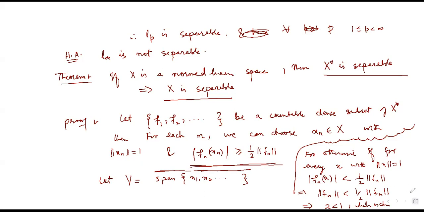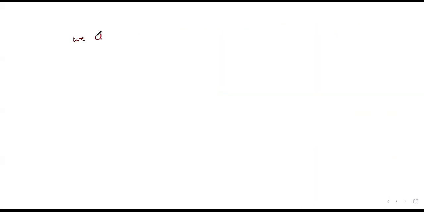Now we claim that I have found xn inside X, which is a countable set. I have to show that X is separable.